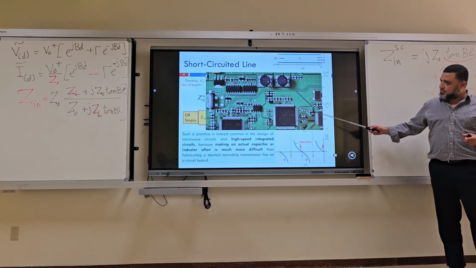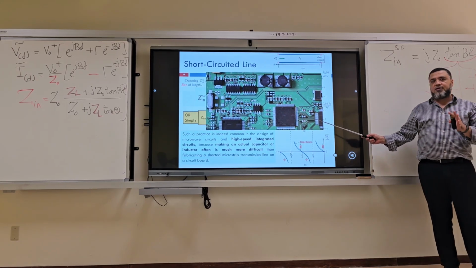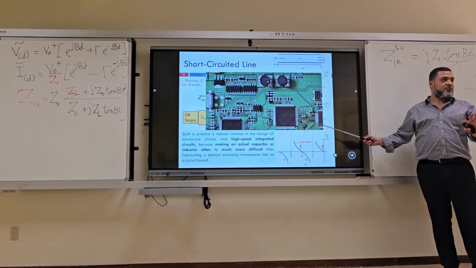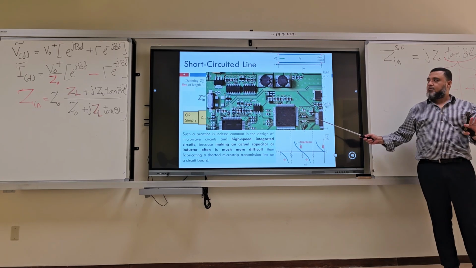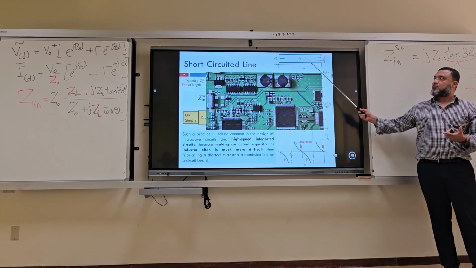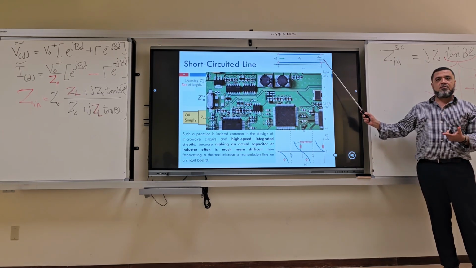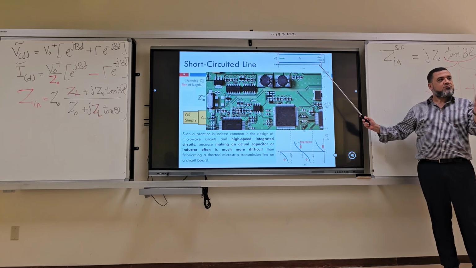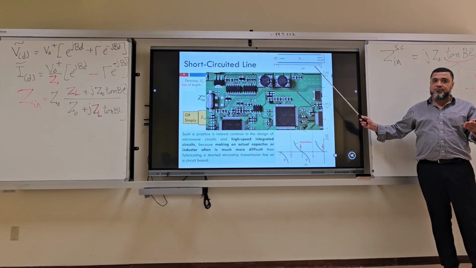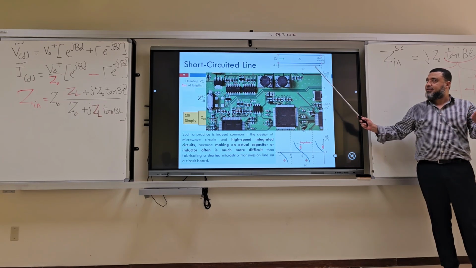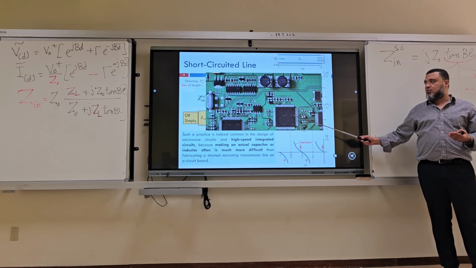In integrated circuits, it's very difficult to design actual inductance and capacitance at high frequency. Not easy. But it is much easier to have two pieces of transmission lines, shorted. This will act as inductance or capacitance without the need to have an actual inductor or capacitor. It's more expensive to have the actual element, and not easy even at the integrated circuit level.